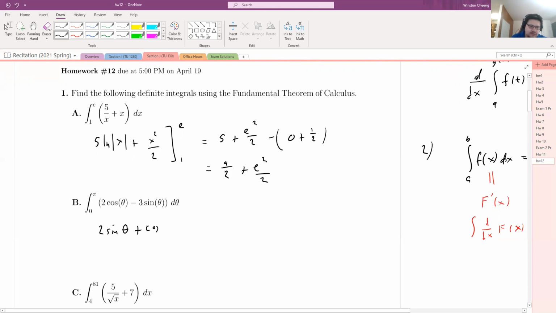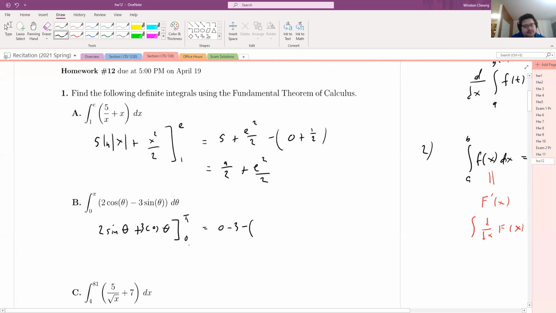So this is actually just going to be 3 cosine of theta, which we then have to evaluate from 0 to pi. Okay. Well, if I plug pi in, notice that the sine is going to be 0, the cosine is going to be -1, so we end up with a -3. Say minus off evaluation at 0.